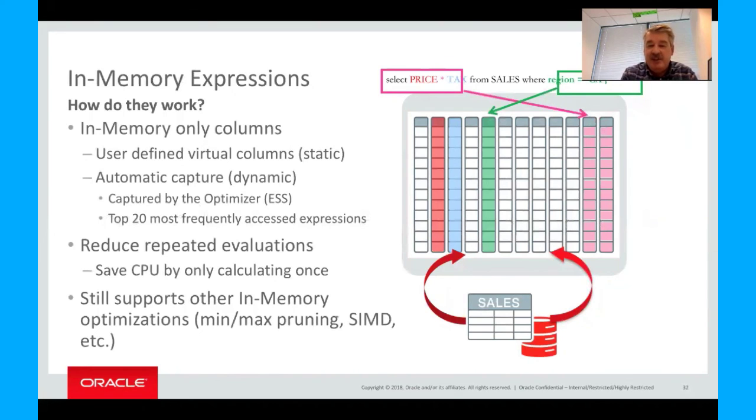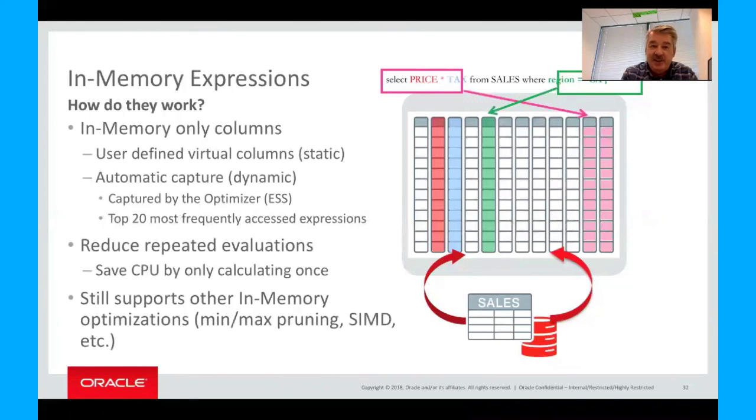We do populate those in the column store. But back to my point about CPU and memory access and trying to save CPU cycles, you can save significant CPU cycles, because it is actually quite surprising that once you're running an in-memory query, some of these arithmetic expressions can take quite a bit of CPU. So you can significantly improve your performance.